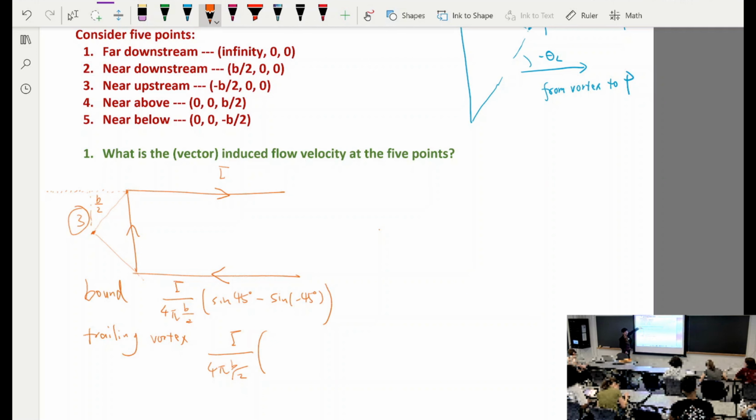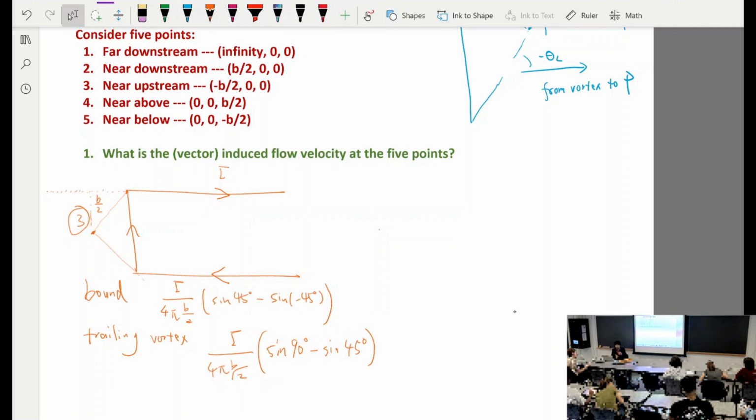45. That's right. Okay. So between these would be between 0 and 45. Beyond that would be between 45 and 90 degrees. So here I have sine of 90 degrees minus sine of 45 degrees.